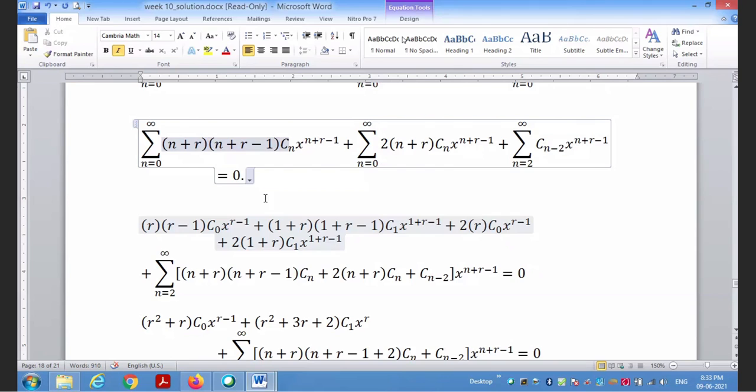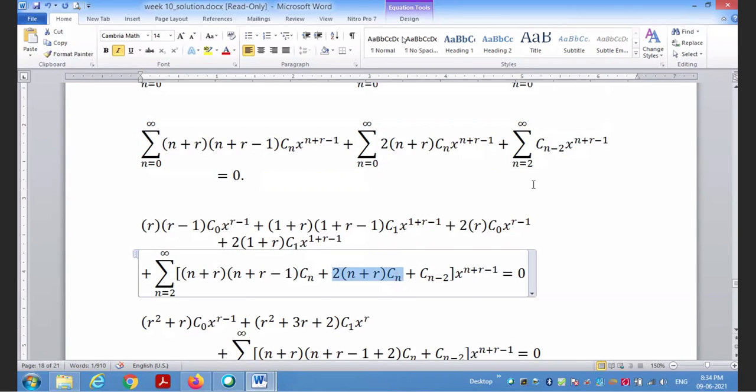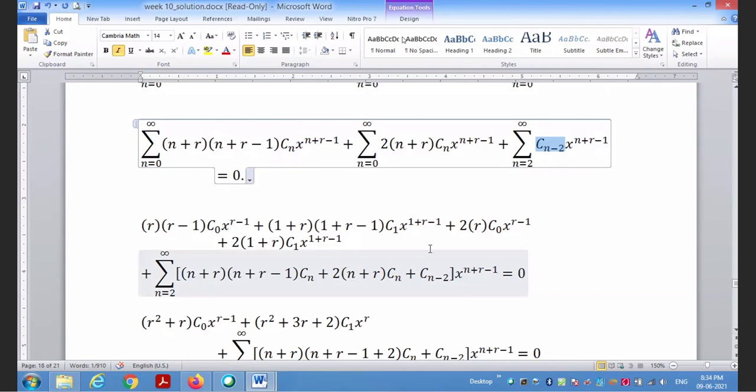And from now on, all these summations start with 2. And that's why I put 2 there. I combine this, I put this inside, and then this inside here. All this inside, all multiplied by x to the n plus r minus 1.